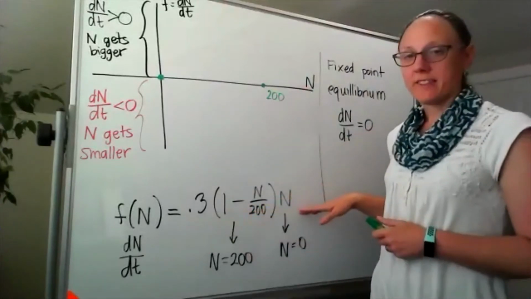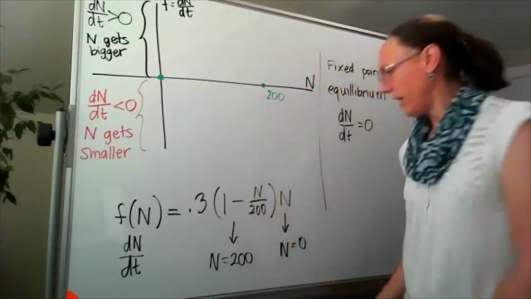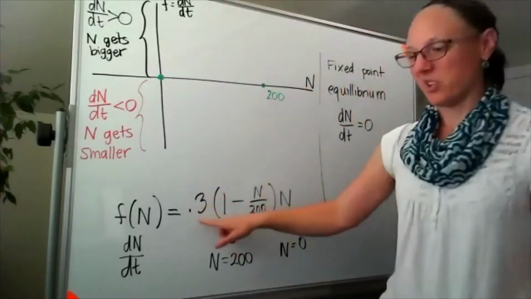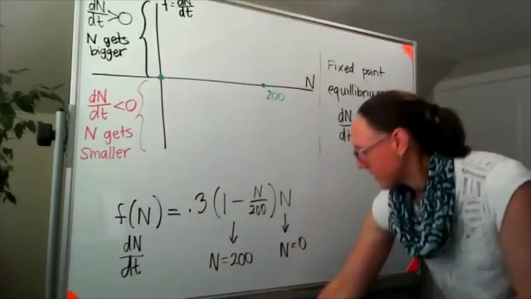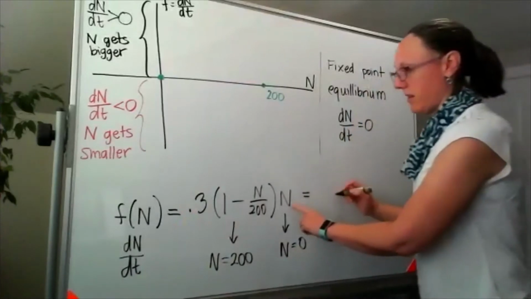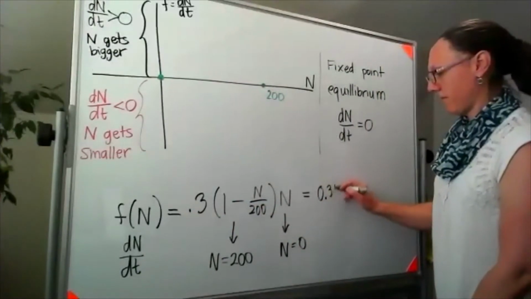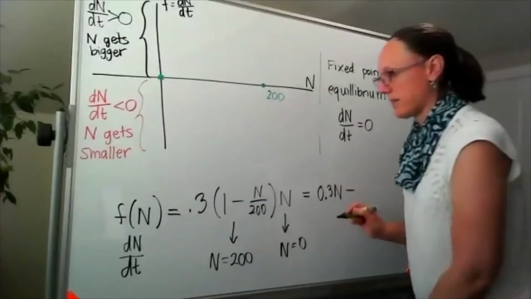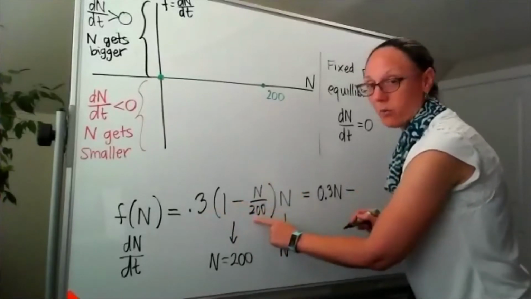Now in between, if I look at this and I think about distributing that N out, if I distribute the N through and I distribute that 0.3 through, I think this is going to look like 0.3N minus 0.3N squared over 200.